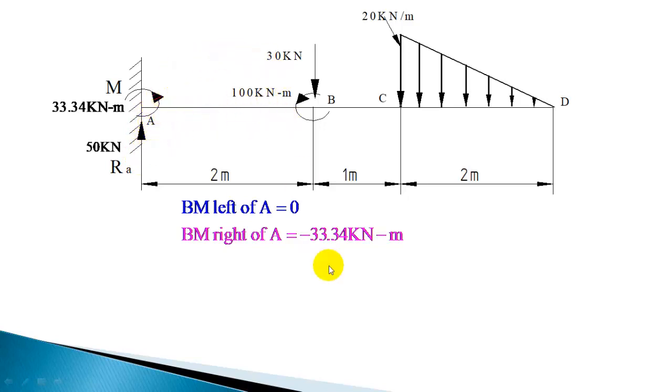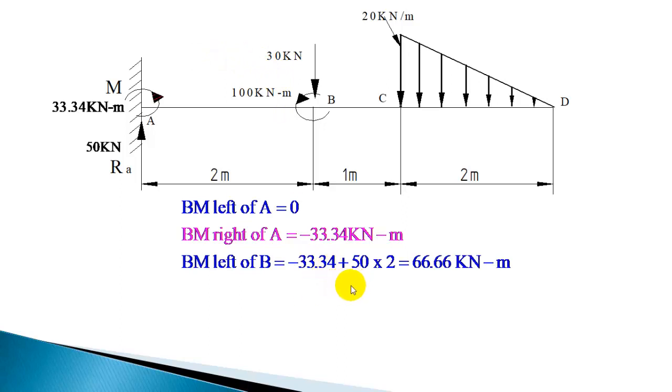So you get the bending moment left of B as 66.66 kilonewton meter.